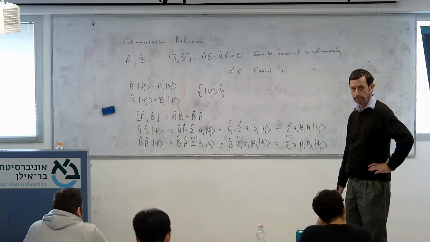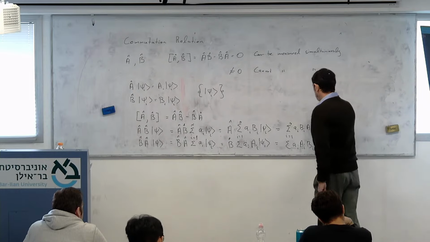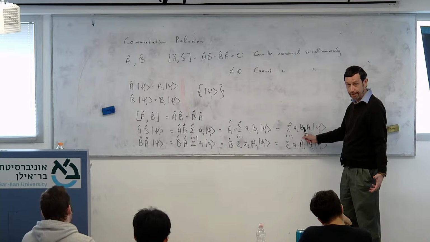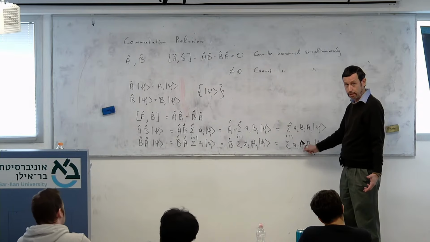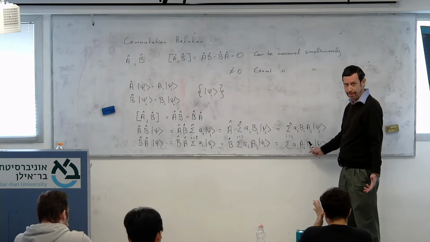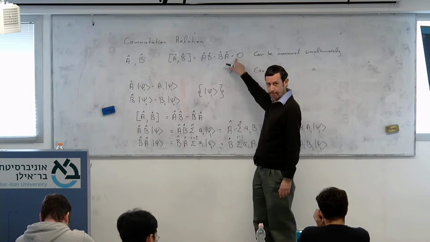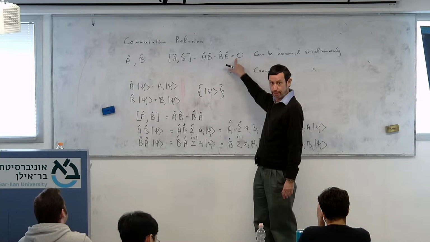Trivial. But this is equal to this because in multiplication of scalars, AI times BI is equal to BI times AI, and therefore, if they have the same bases, the commutation relation must be 0.